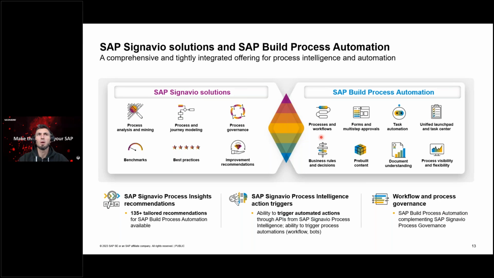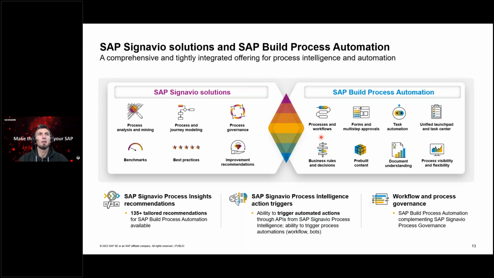But why is there Signavio on the left side? Very easy, because in SAP Signavio, you have this analysis of your existing SAP, and the analysis of your processes and how you currently run them. And based on that analysis, SAP will give you suggestions of which automations you should start using, or you should have a look into.